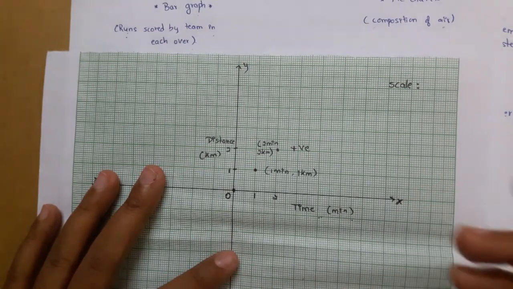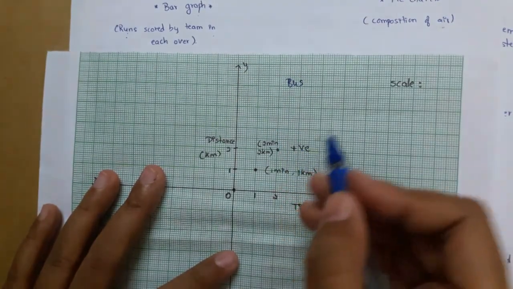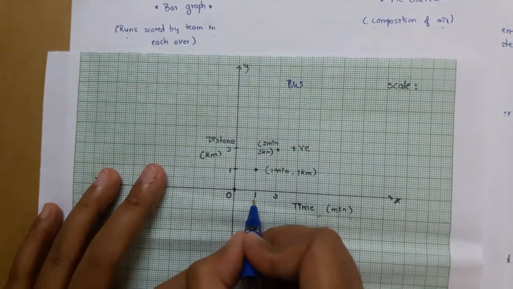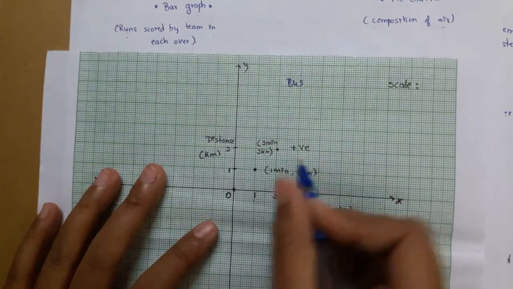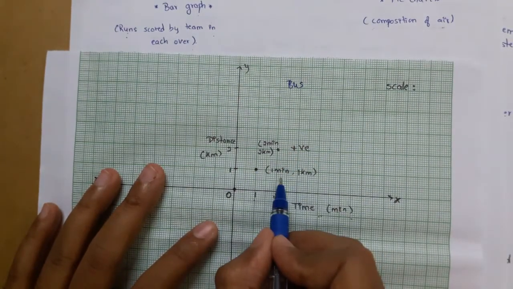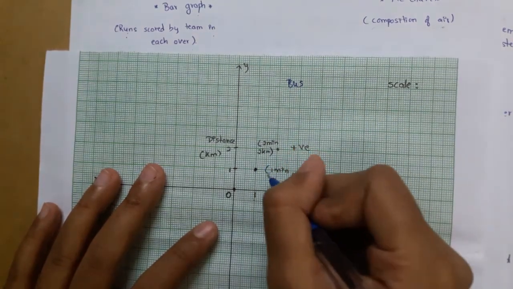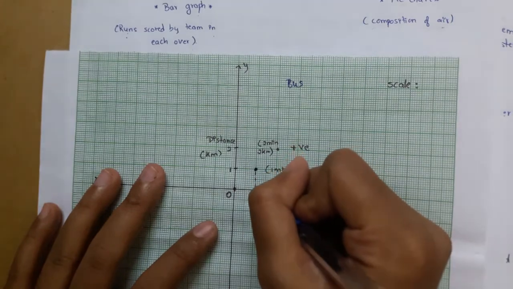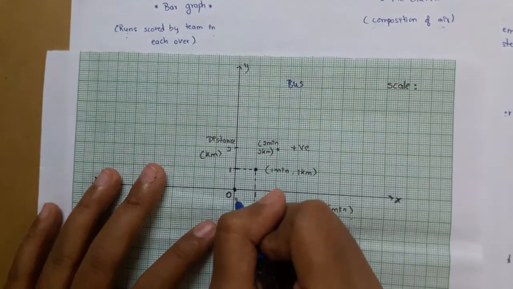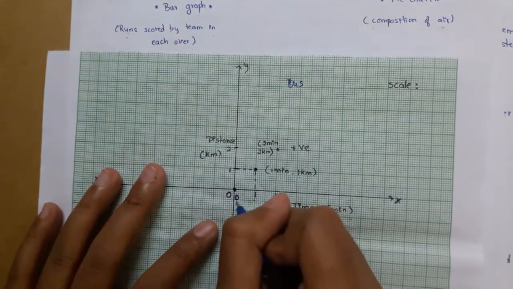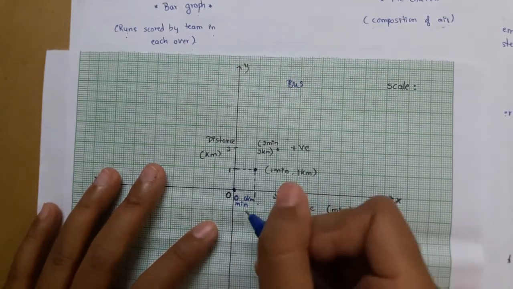Suppose a bus is moving, and after 1 minute it reached 1 kilometer. So the first point represents that in 1 minute the distance travelled by the bus is 1 kilometer. That point will be here. Now mark that point. Initially the bus is at rest, it is not moving, because this is 0 minutes and 0 kilometers. It shows that the bus is in a rest position.